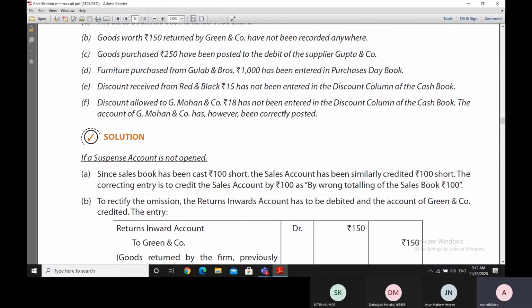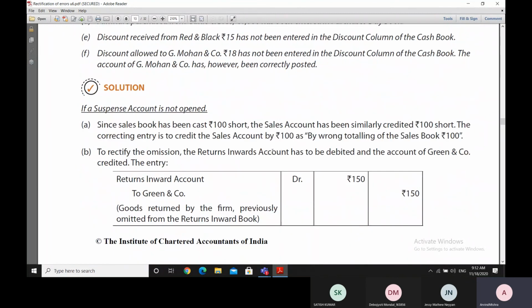So one side entry was not made, which means the G. Mohan and Company account was credited, but rupees 18 was not entered in the discount column, which means the discount account was not debited by rupees 18. So therefore only one entry was made and therefore the trial balance would not have tallied.